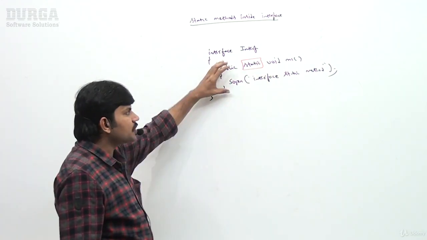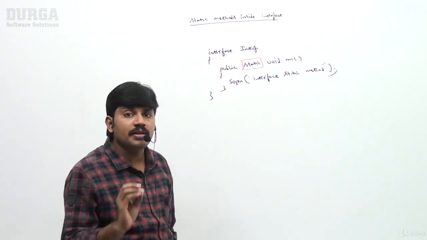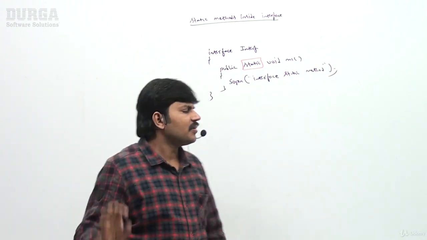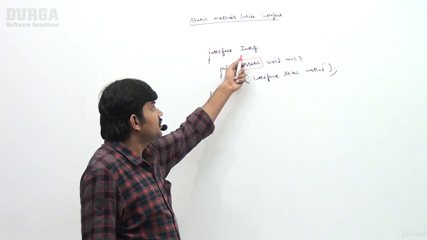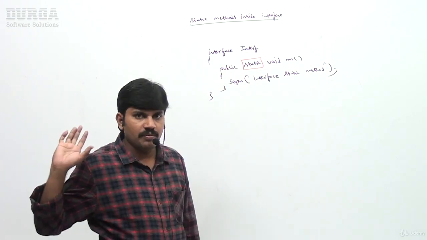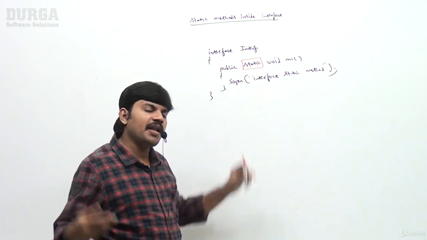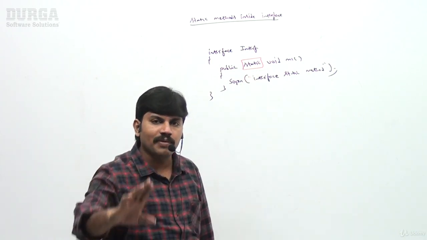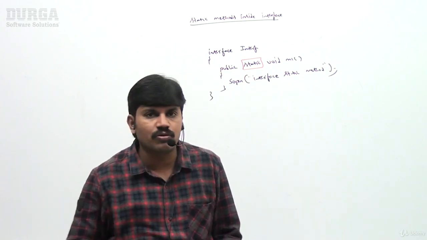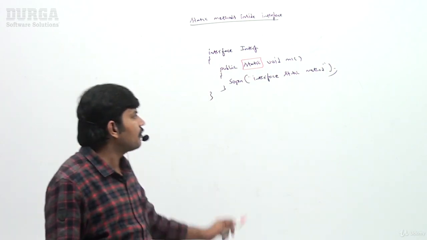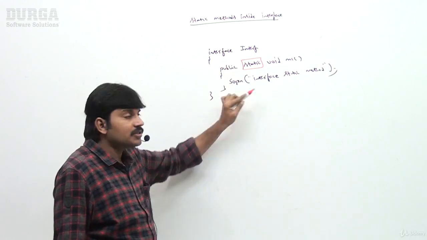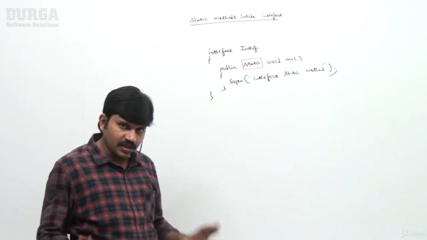Any person can call these methods just by using the interface name. These are not meant only for the implementation class. Whether that class is an implementation class or not, any person can call this method just by using the interface name. Clear for all of you?